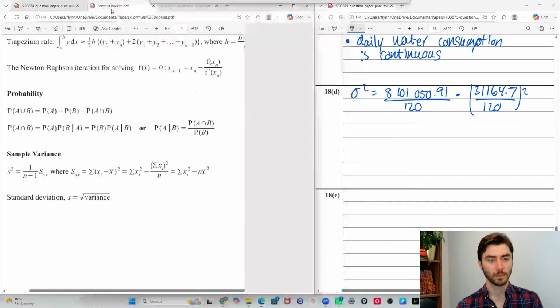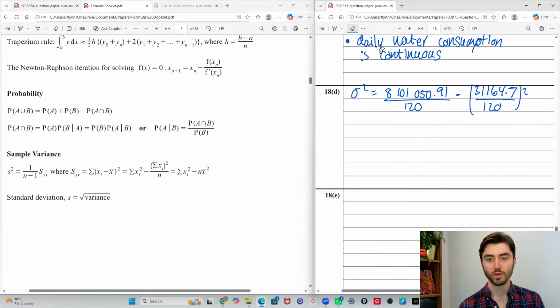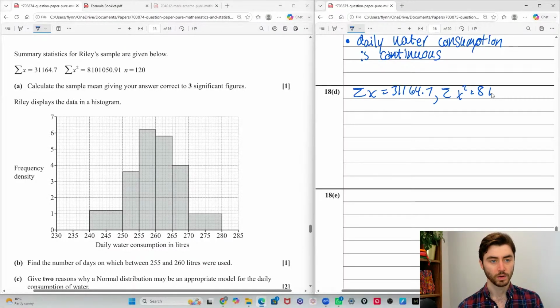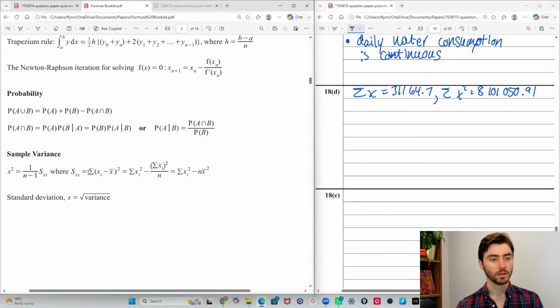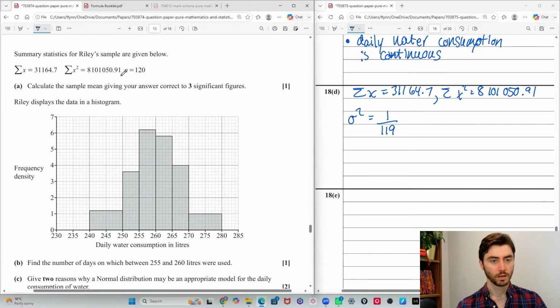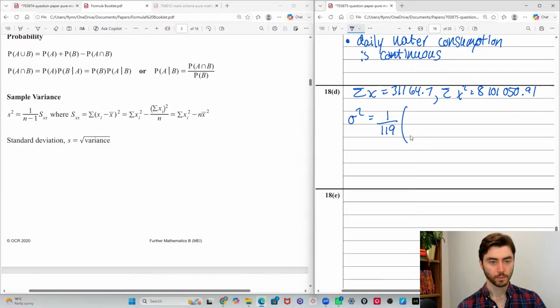Okay, so let's do this. Okay. We need to change this up. I've used the wrong thing for what you use. So let me copy down the things, right? Sigma x is 31164.7. Sigma x squared is 8101050.91 and n equals 120. Let's do this. So here, the variance is 1 over 119 times sigma x squared, which is 8101050.91 minus 31164.7 squared all over 120.